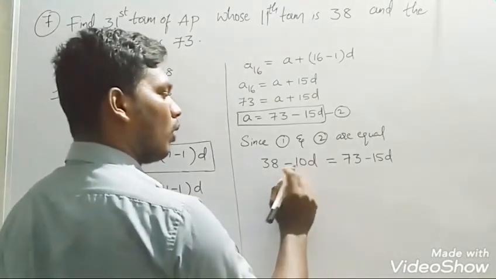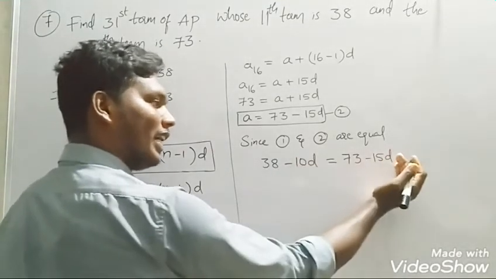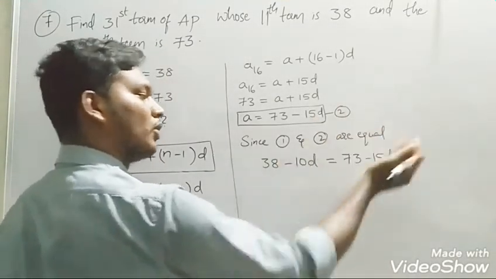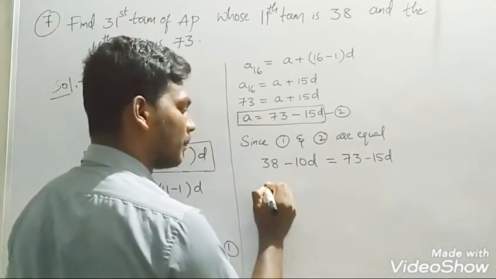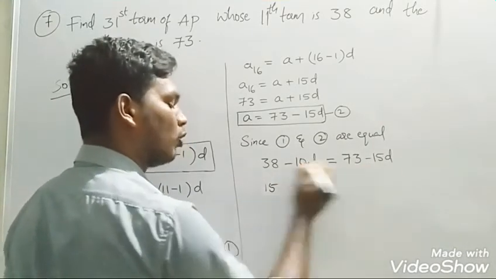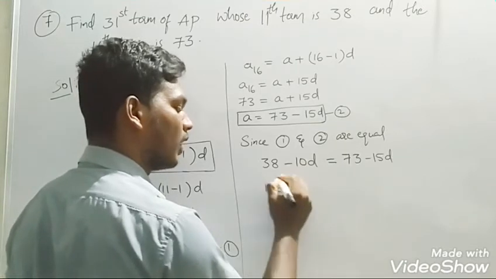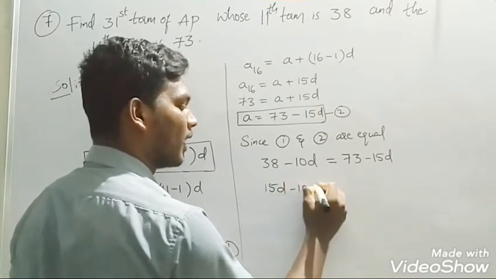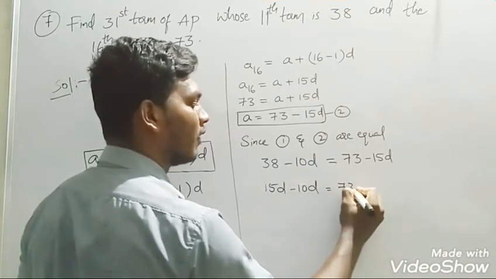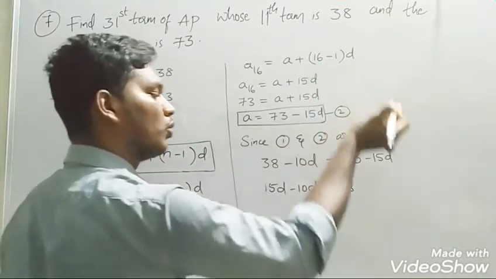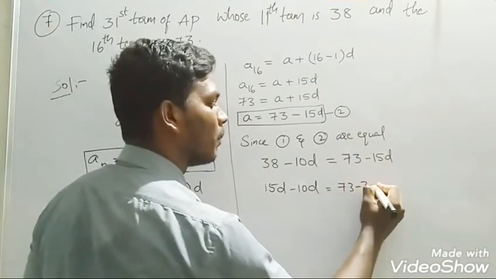Now I am moving d to this side and 38 to that side. Minus 15d moving to this side becomes plus 15d, so 15d minus 10d is equal to 73. This 38 moving to that side becomes minus 38.